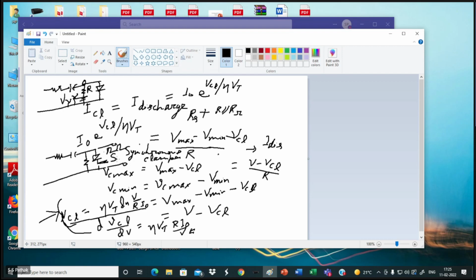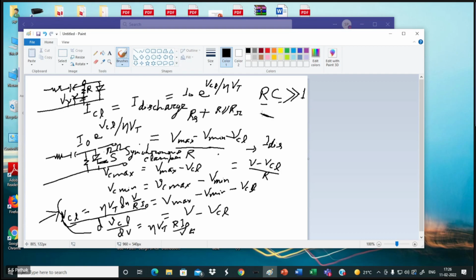And for practical cases, the time constant RC, if I'm using this R here, RC should be as large as possible, much larger than 1. Capacitor should be large, R should be large. Then it is a practical one. This kind of discharge will not take place.